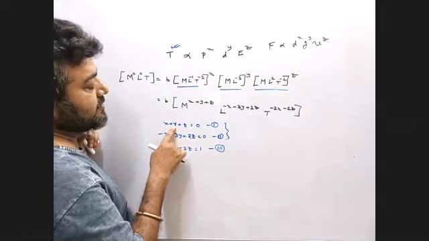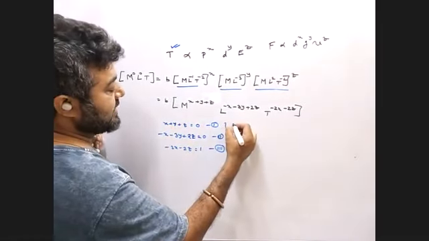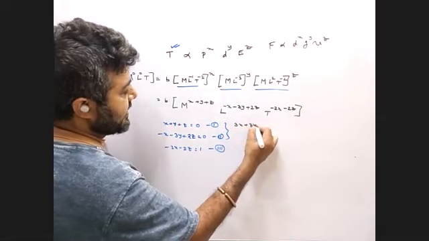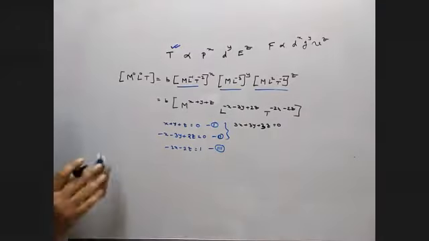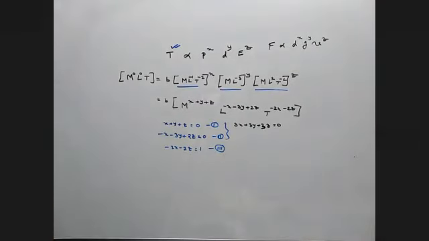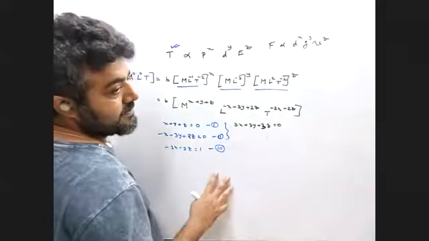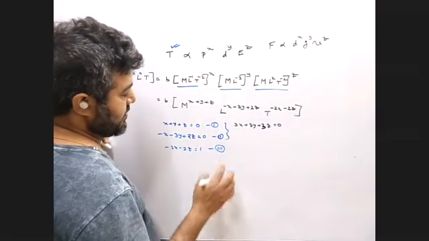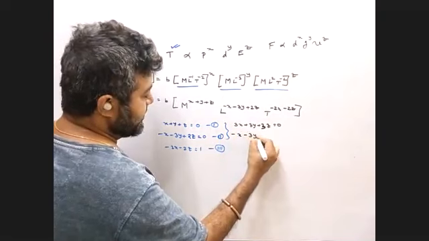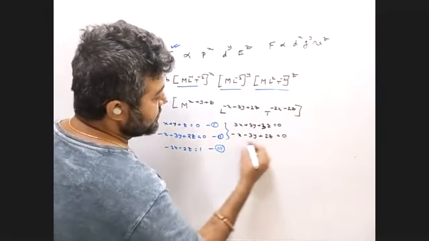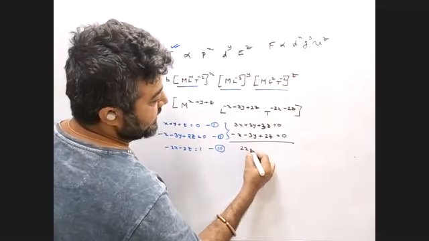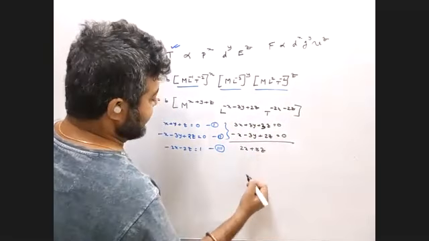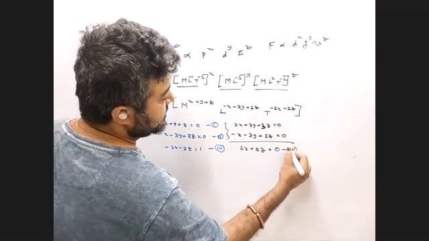Here you have 3y, here you have y, so we can multiply the first equation by 3 and write 3x plus 3y plus 3z equals 0. And here you have minus x minus 3y plus 2z equals 0. So the 3y cancels, and you have 2x plus 5z equals 0. Let it be equation number 4.